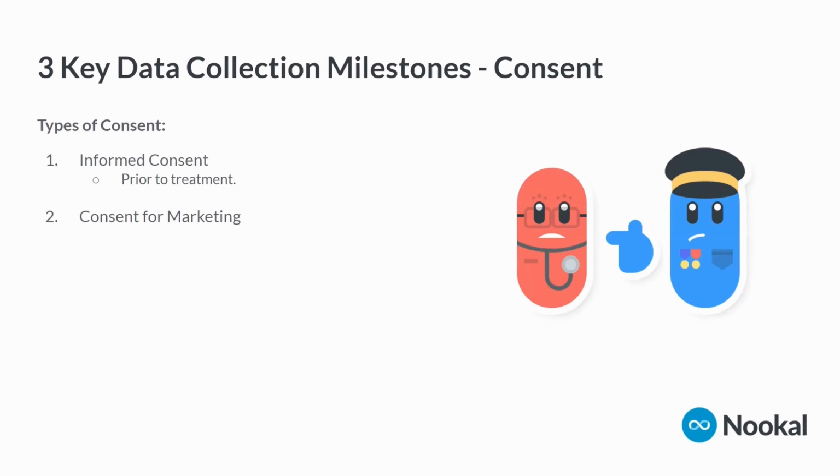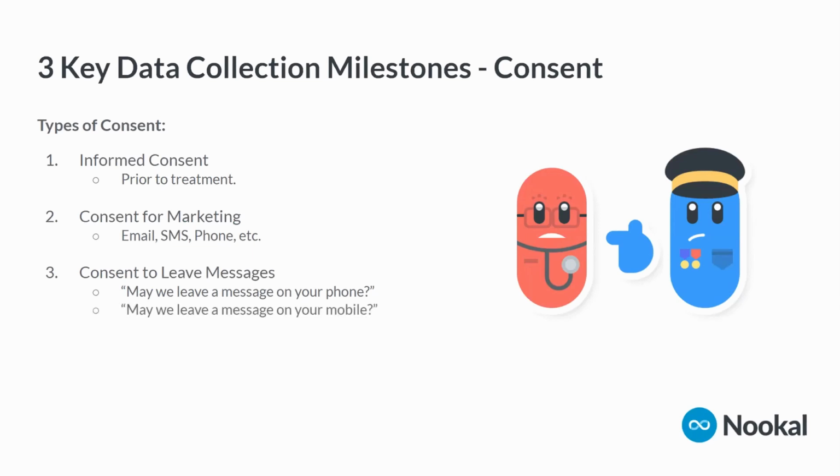And then there's also one which we rarely see, which is the consent to leave messages. And by this, I mean the question, may we leave a message for each communication type? This is obviously to prevent leaving a potentially confidential message with a relative or in a voicemail system accessible to people other than the patient.